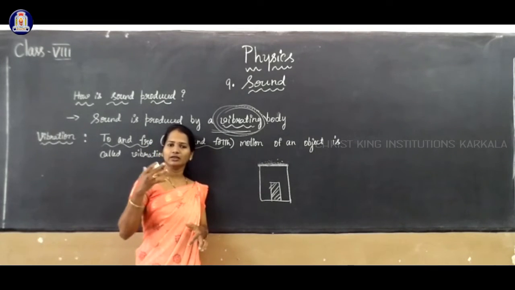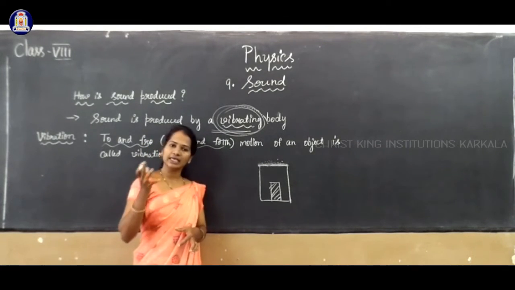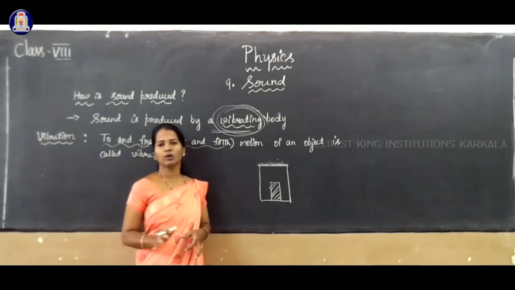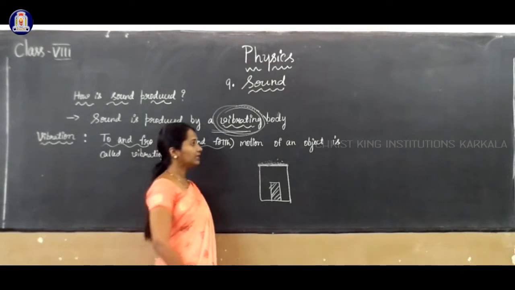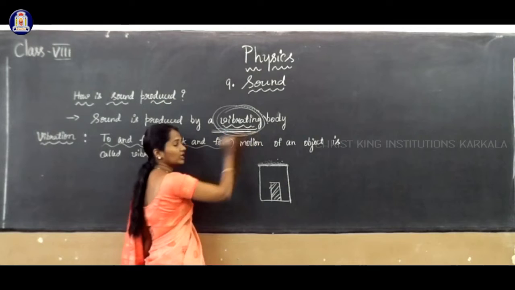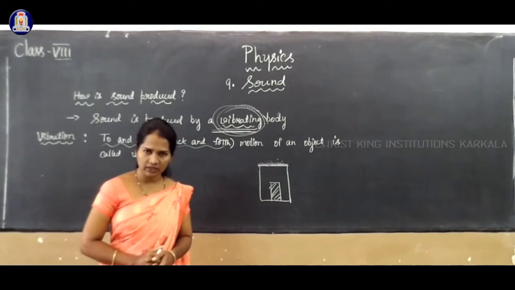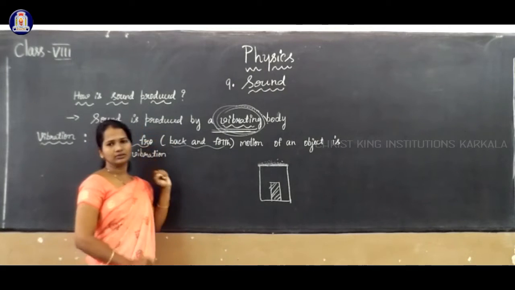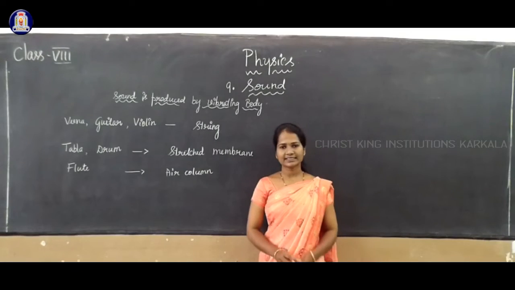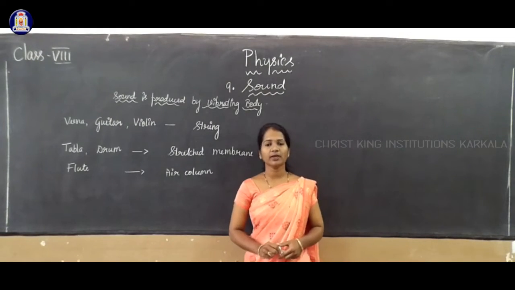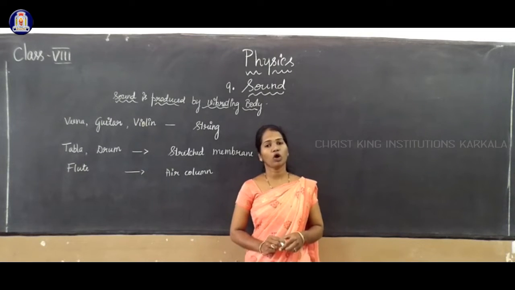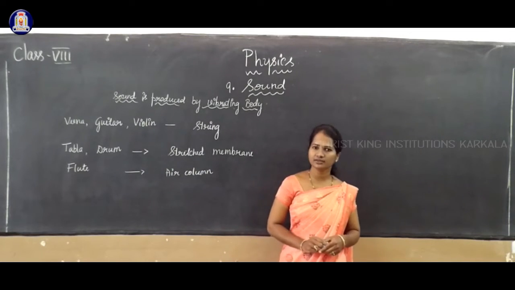But in all cases, in all objects, sound is mainly produced because of vibration. Due to the vibration of the body, sound is produced. As I said, sound is produced by a vibrating object. When the object vibrates, we can hear the sound.